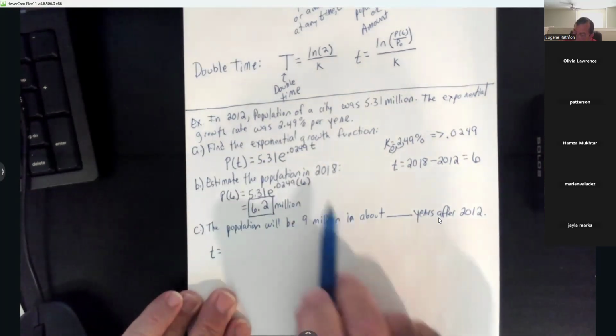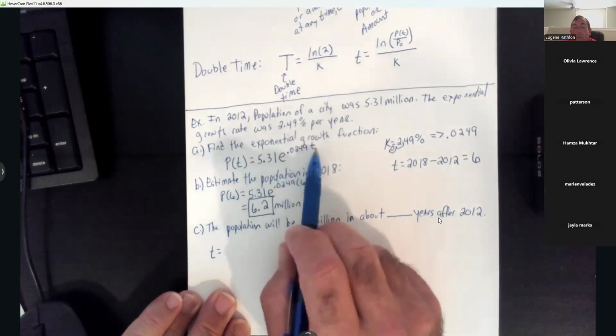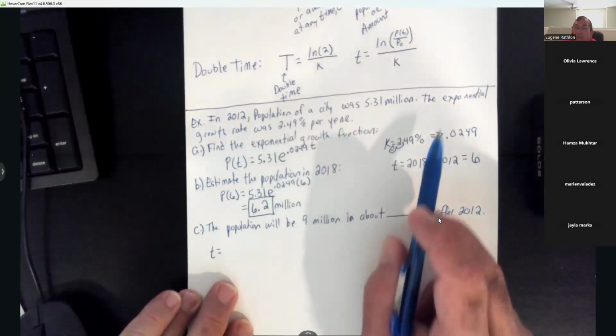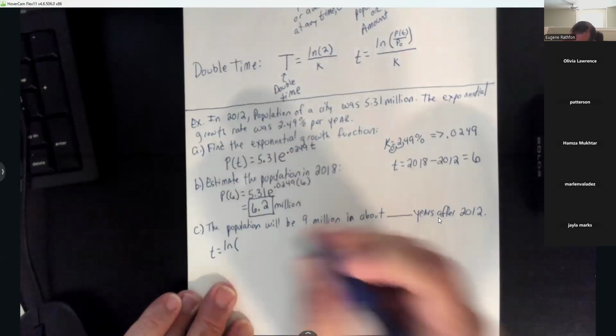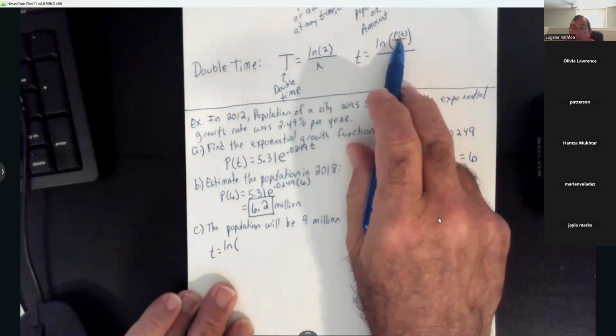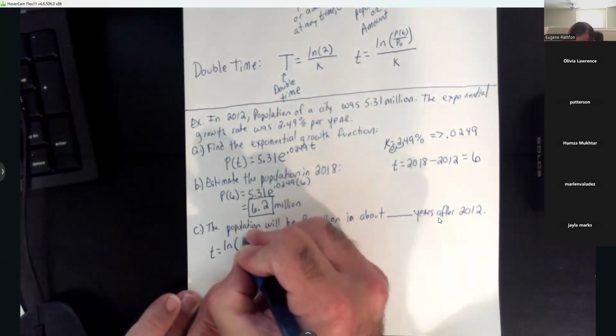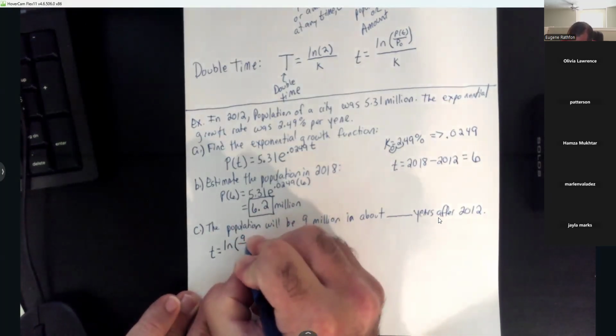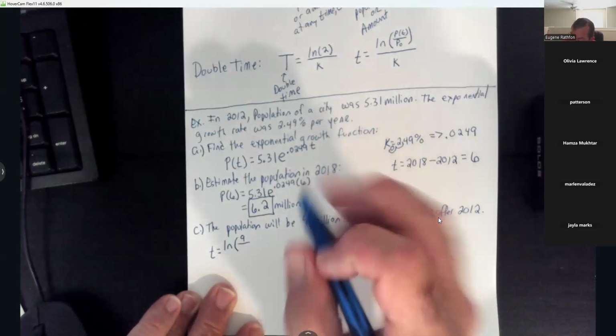So let's use this formula. T equals, and y'all, that's basically this formula solved for the T, okay? So T would equal ln. P of T was my ending amount. Well, they said that would be 9 million. I know my P0, my initial amount, was the 5.31.